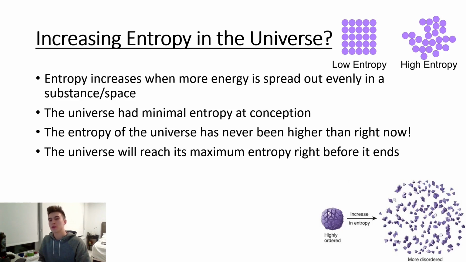The entropy of the universe has never been higher than right now. This is because there's never been so much time for all the energy to spread out evenly within our universe. So then entropy has increased. And then the universe will reach its maximum entropy right before it ends, which is because there'll be even more time for all the energy to spread around evenly.